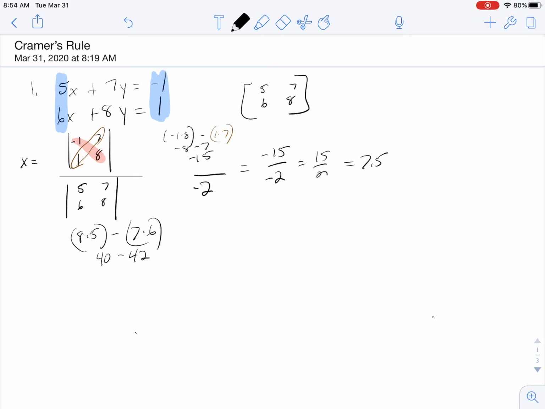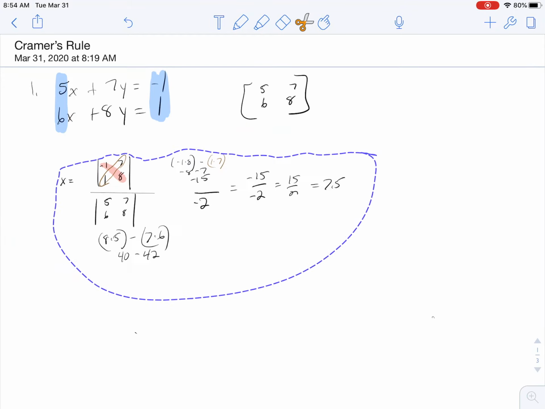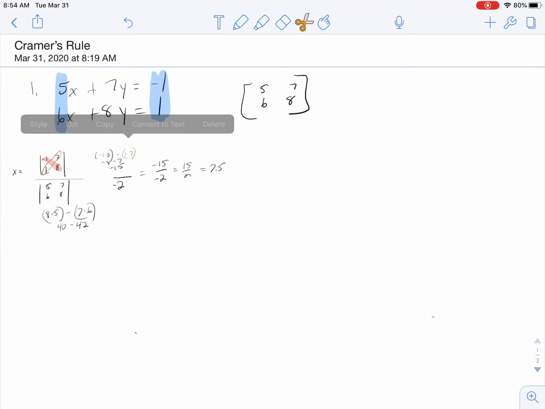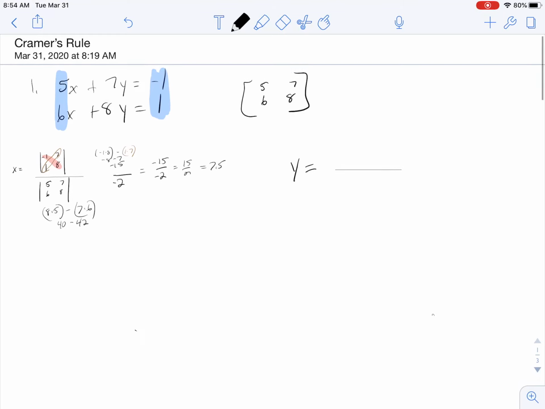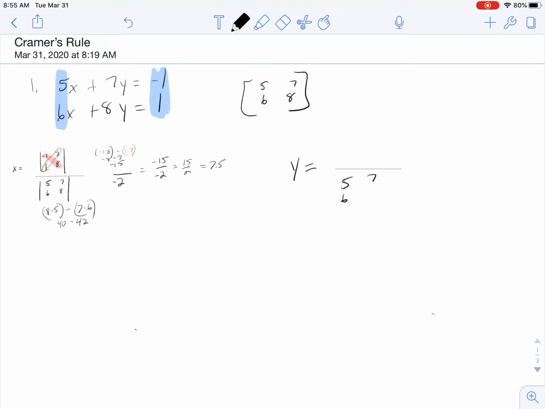Now for y. Let me make this smaller. For y, I'm going to do something very similar to what we did for x. The denominator will just be the determinant of the coefficient matrix. So 5, 6, 7, 8, nothing changes there. However, the numerator is going to change.